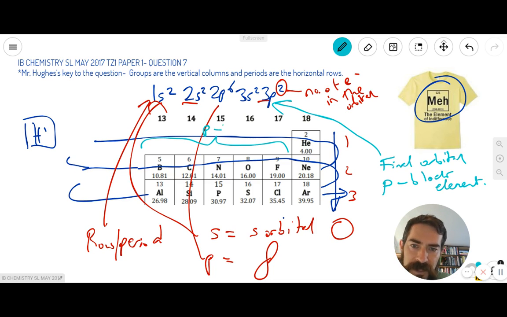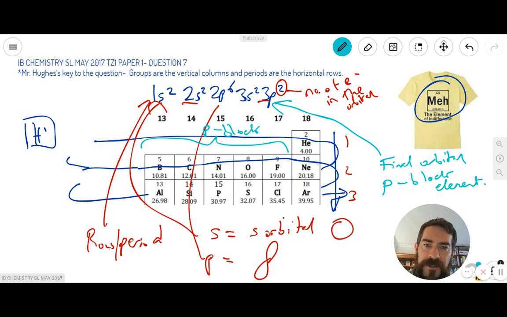This is what's known as the p block, because all of these elements in the p block, or the right-hand side of the periodic table, will have a p orbital as their final orbital which is filled. You also have the s block on the far left, and then the d block elements, or the transition metals, which are in the center of the periodic table, which you focus on a lot more if you take higher level. Okay, so we've unpacked quite a lot of information from this simple electron configuration.